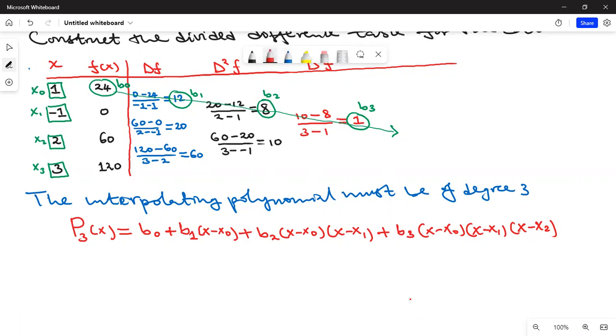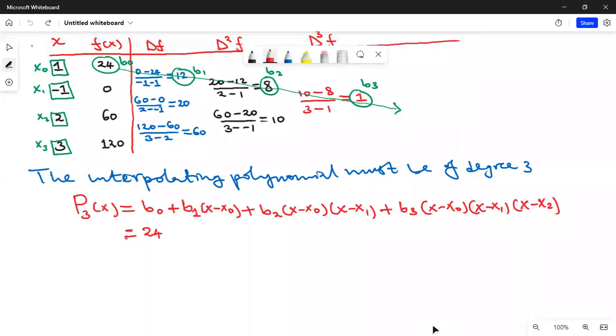So this should give us, instead of B0, I'm going to write 24. Replace everything. So we go to B1 and even the x's. The value of B1 was 12. So we are going to add 12 times x minus 1, since x0 is 1.